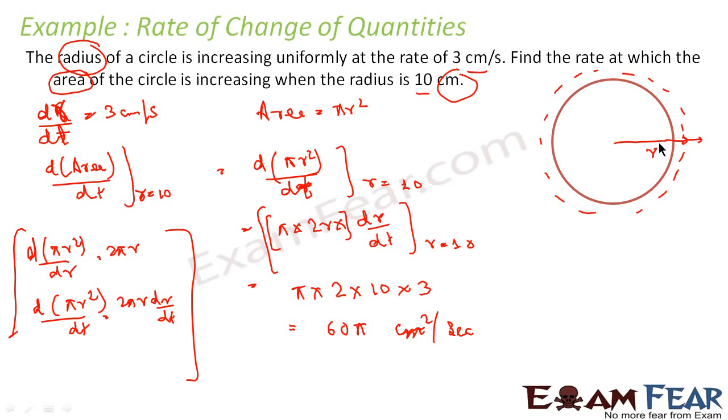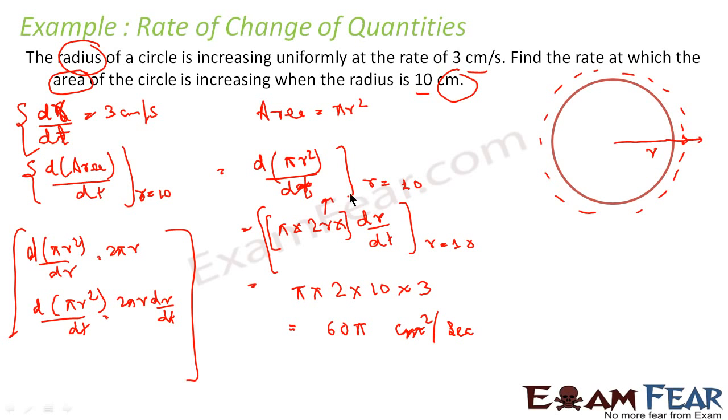So the question is, you have a circle of radius r, the radius is increasing, and the area is also increasing. The rate of change of radius with respect to time, dr by dt, is given, and we are asked to find the rate of change of area with respect to time. We replace the area with pi r square and differentiate to get 2 pi r dr by dt.